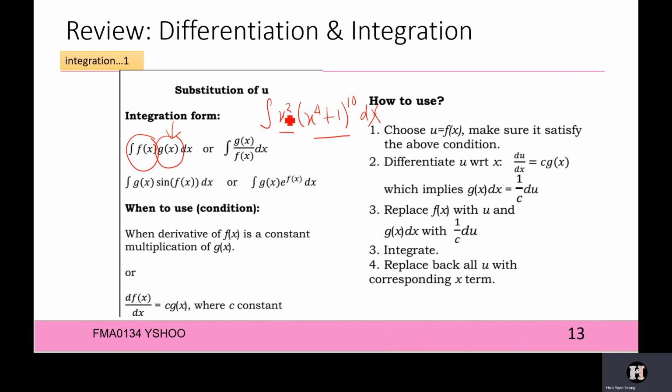We know that x³ is the differentiation of x⁴. This one is plus 1, and if you differentiate x⁴ + 1 you will get x³. So we know that x³ is the differentiation of our x⁴, so this will be our candidate for u.